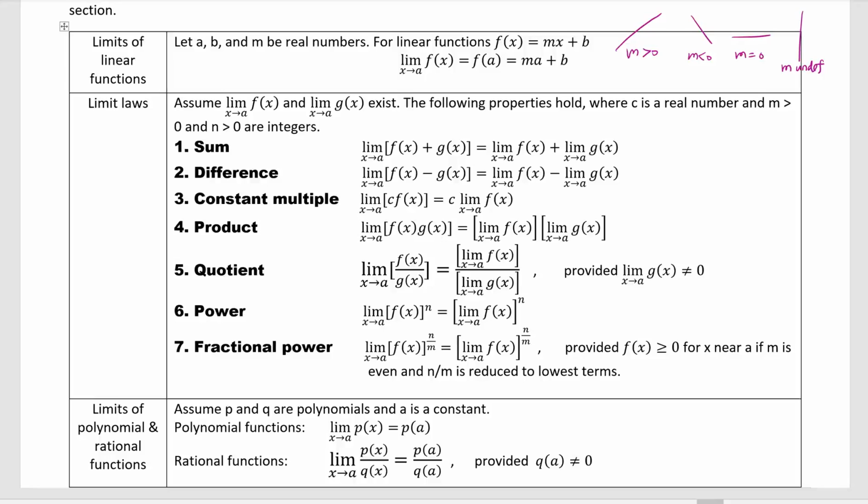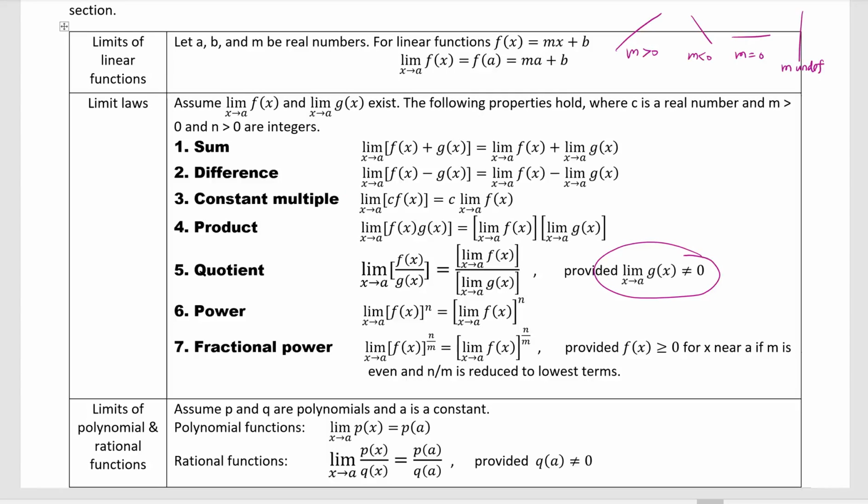The limit of the difference equals the difference of the limits. For a constant multiple, we can pull the constant c outside of the limit. The limit of a product equals the product of the limits. The limit of a quotient equals the quotient of the limits, provided the denominator limit is not 0.